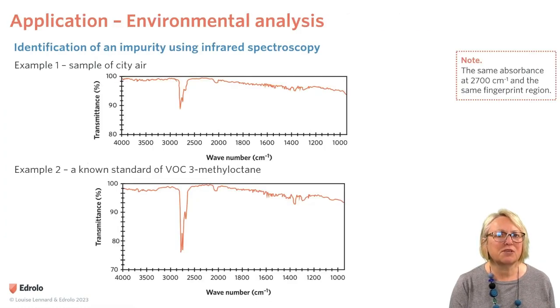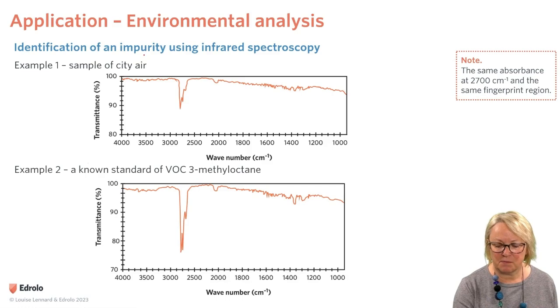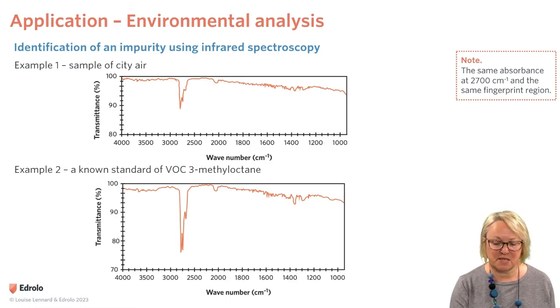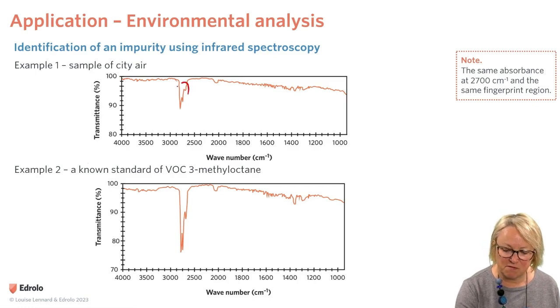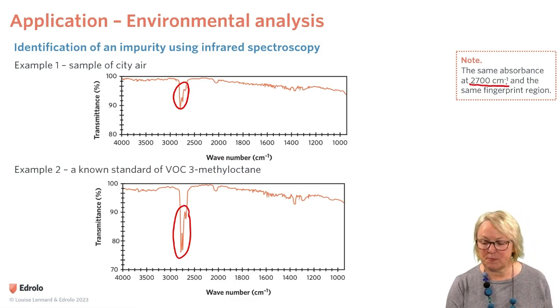We can also use spectra for environmental analysis. Here we have infrared spectroscopy, and we can identify an impurity if we get a difference in the two spectra. And we can notice that we've got a strong absorbance peak at 2,700 centimetre minus 1, which is on both spectra.